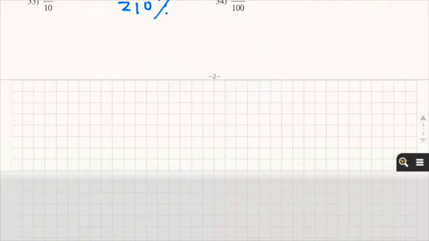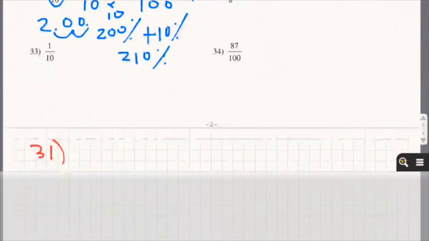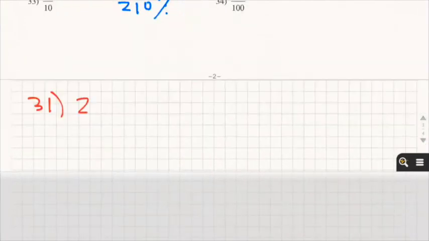So 31 is written as 2 1/10. Okay, so we can multiply this into a single fraction where we have 2 times 10 is 20 plus 1 is 21 over 10.